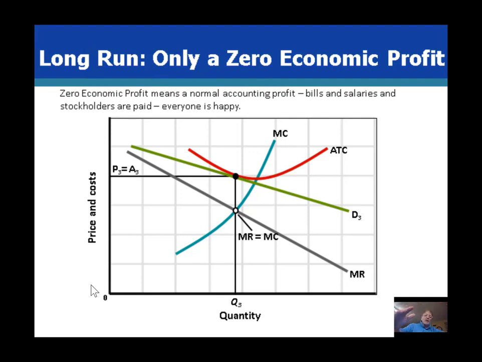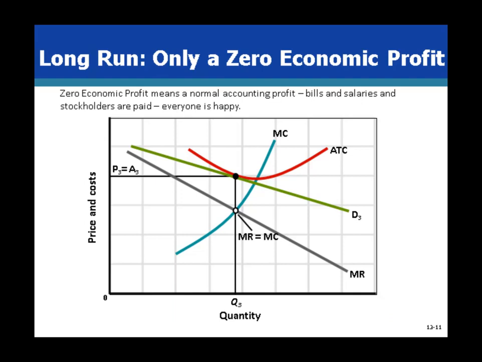So consumers are paying $20, it's costing $20. In the long run, there is a zero economic profit. People are happy with that because bills and salaries and stockholders, everyone is being paid. If you haven't written that down yet, take a moment, pause the video, and write this graph out so that you understand it.